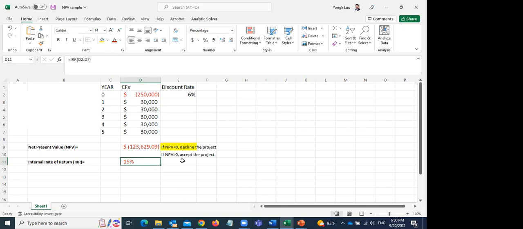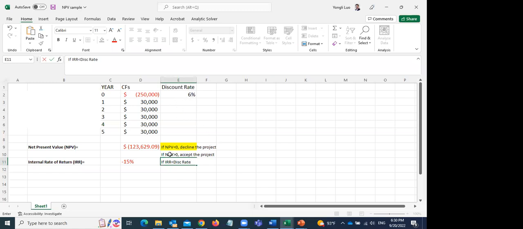Now we're going to do the criterion. If the IRR is lower than the discount rate, the discount rate for this case is 6%.